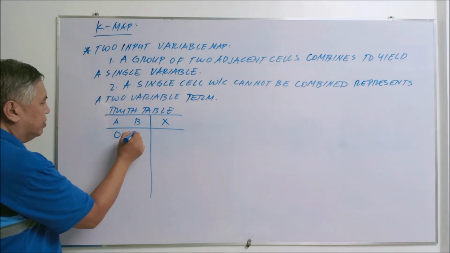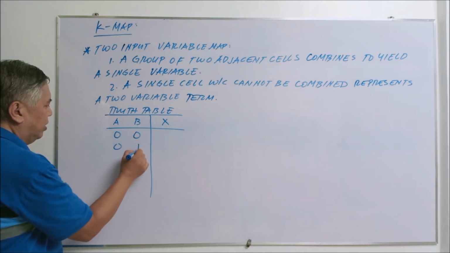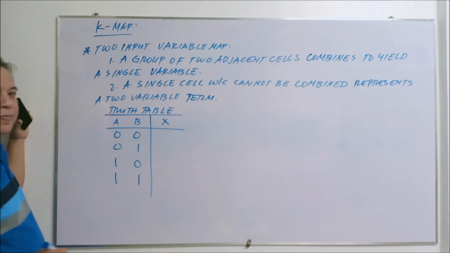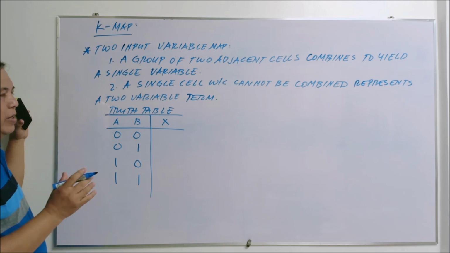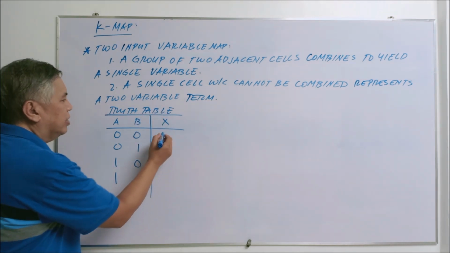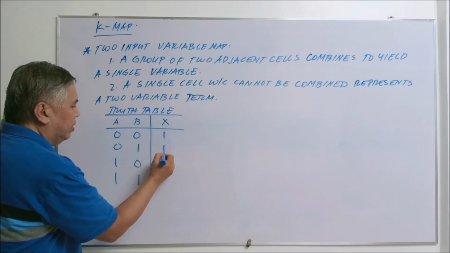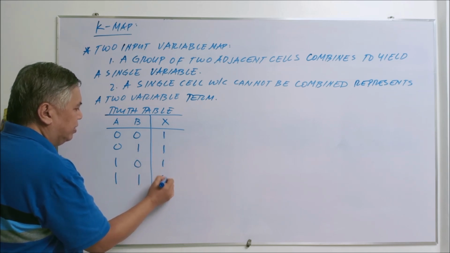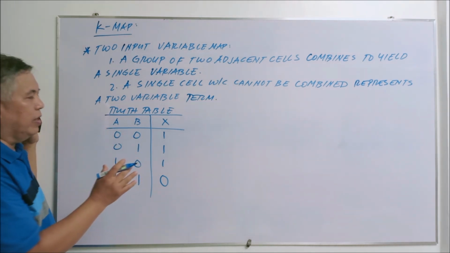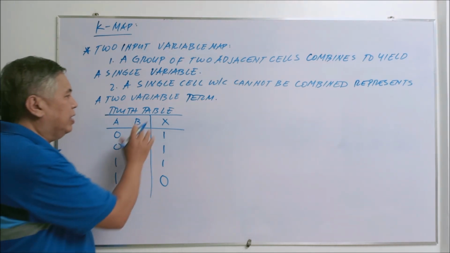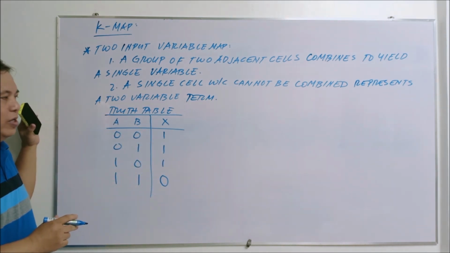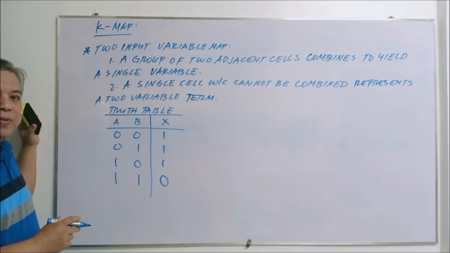We have 0, 0, 0, 1, 1, 0, and 1, 1. Let's say from a particular problem, the output X here is 1, 1, 1, and this one here is 0. So how do we obtain the simplified logical circuit that would represent this particular table?